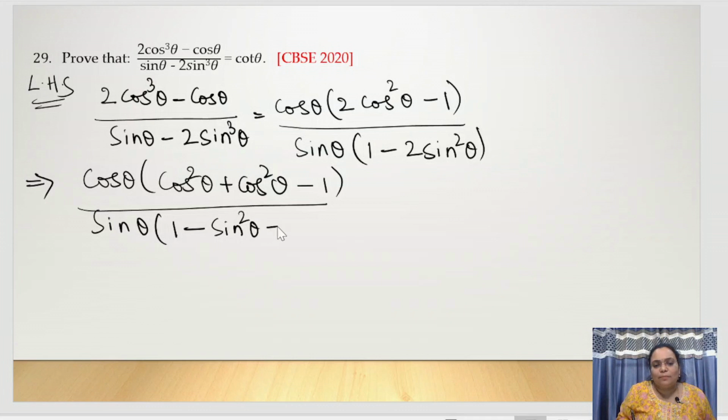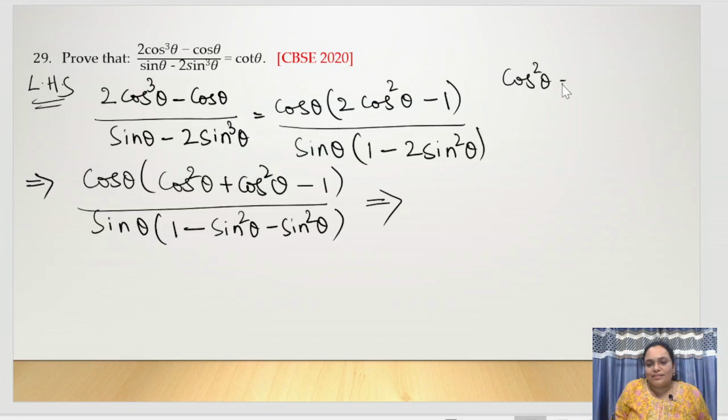Minus sin square theta minus sin square theta is minus 2 sin square theta. Okay. So we have an identity. Cos square theta is equal to 1 minus sin square theta. Okay. So cos square theta minus 1 is minus sin square theta.